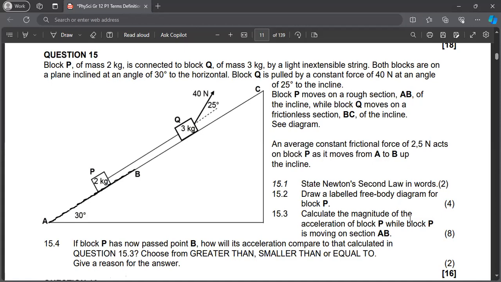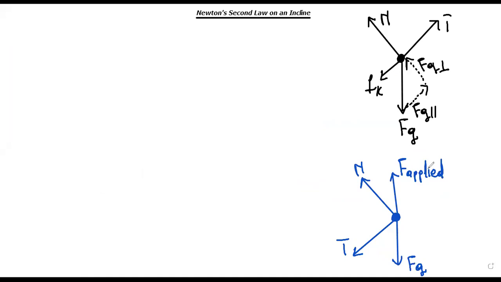That's what we know. And we said every time we must do this, we have to do it by using simultaneous equations. Fine. Now let's tell them that firstly, we are considering block P. So we apply Newton's second law on block P separately.